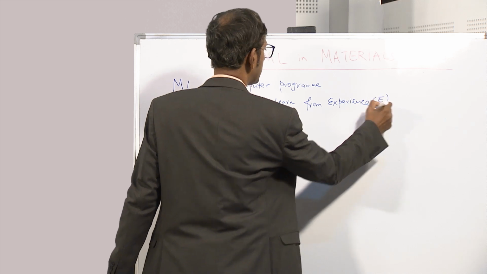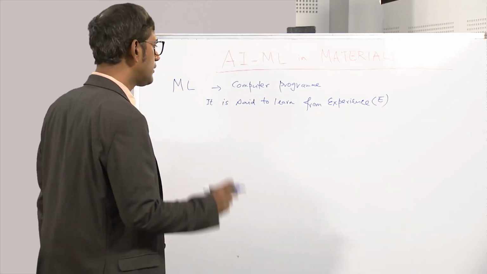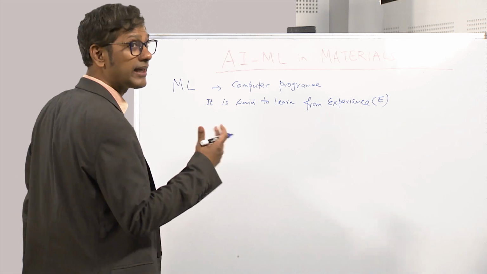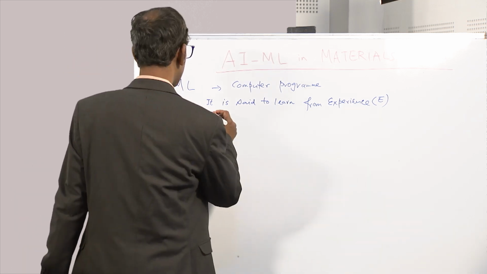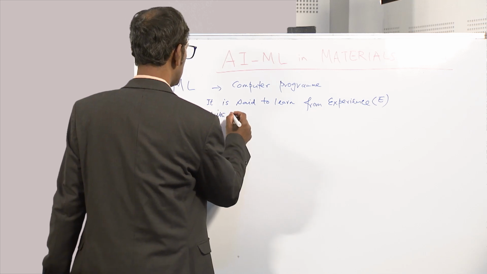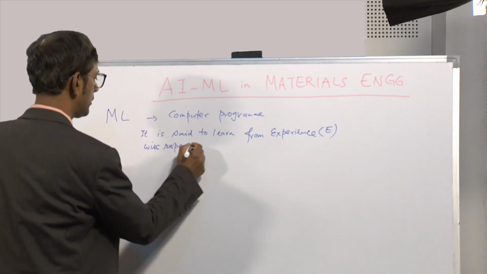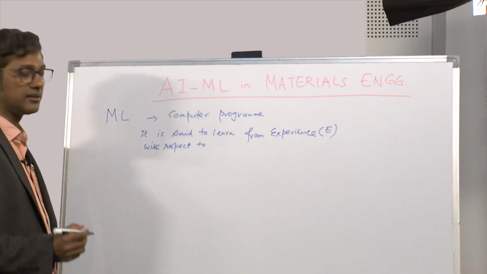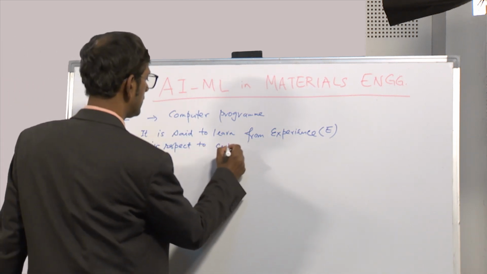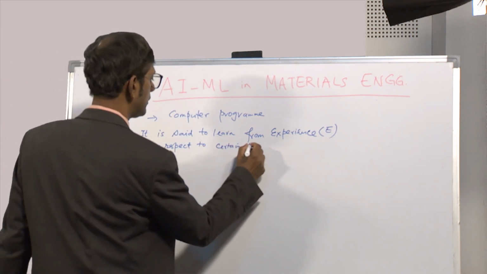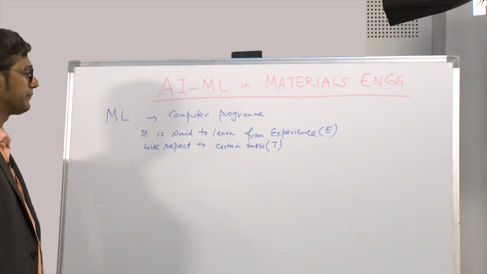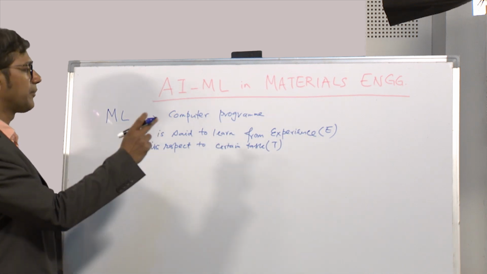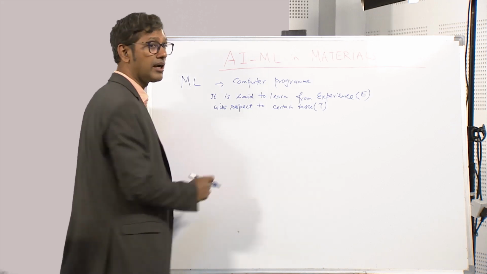Let us call experience E. It is said to learn from experience, but what kind of experience is that? That is very important. Experience with respect to a certain task, and we define task by capital T.